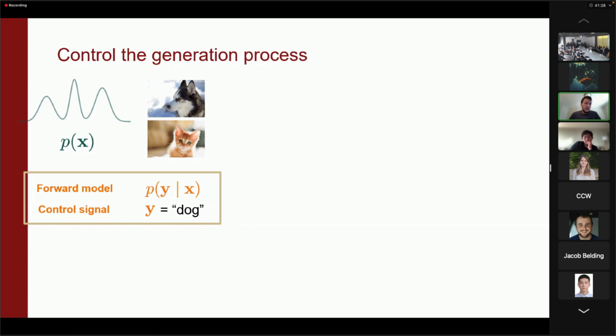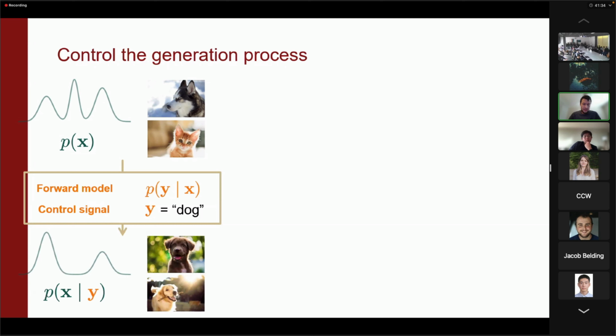Mathematically, what we want here is the combination of the prior and this likelihood to define the corresponding posterior distribution, P of x given y, which is the way you would have to modify the prior to take into account the fact that we only want images x that are going to be classified into the label y equals dog.